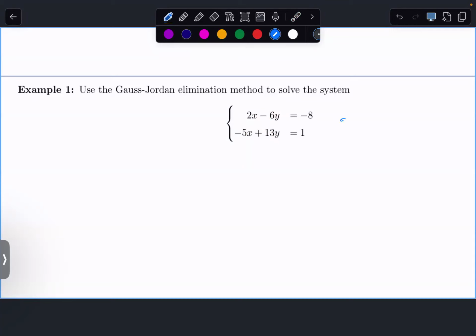Our goal is to have something like x plus 0y is equal to something, and 0x plus y is equal to something. That's our goal.